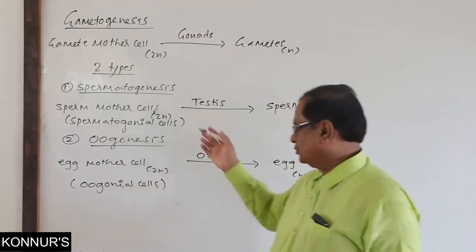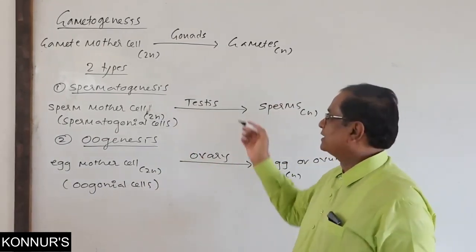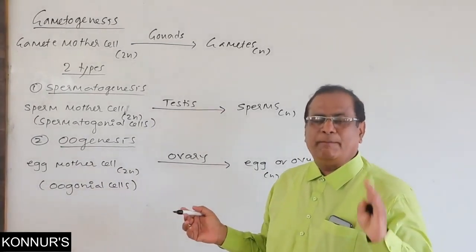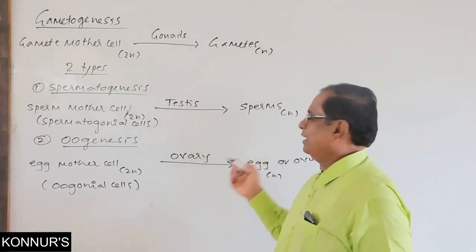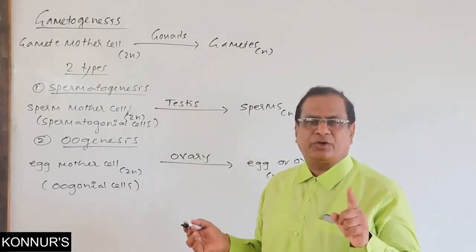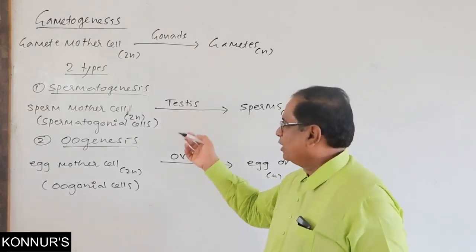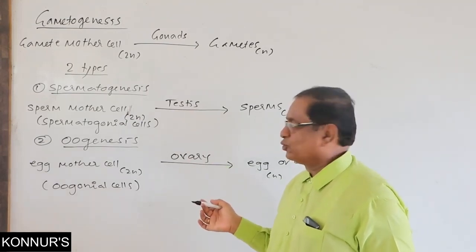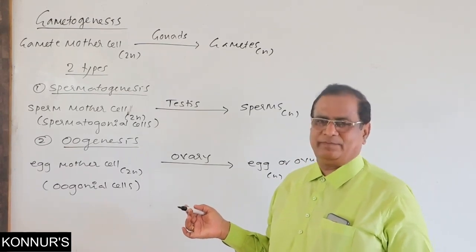Gametogenesis is of two types, spermatogenesis and oogenesis. And spermatogenesis is with respect to the male reproductive system. That is a process of formation of haploid sperms from diploid sperm mother cells, that is spermatogonial cells, in testes.